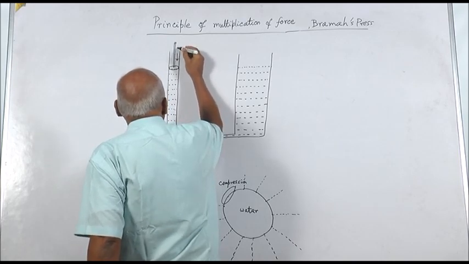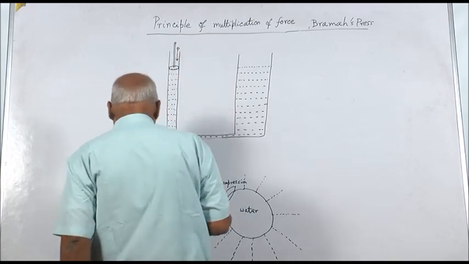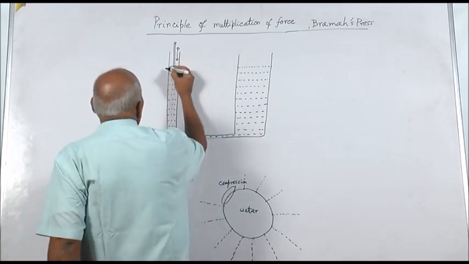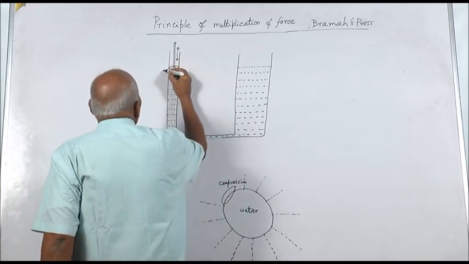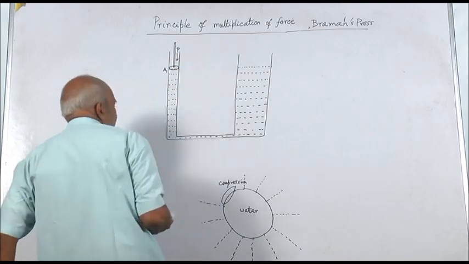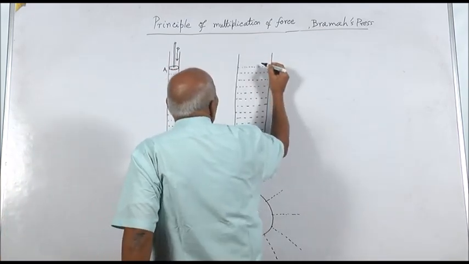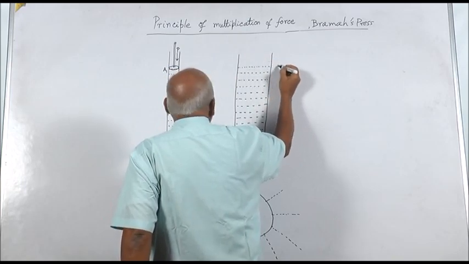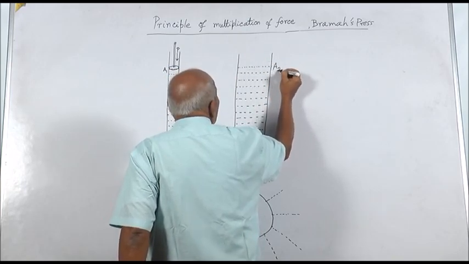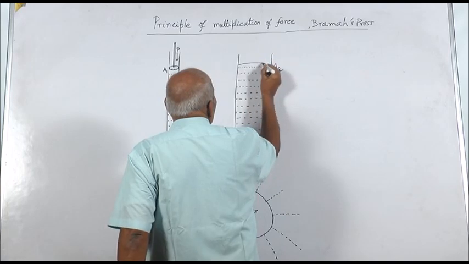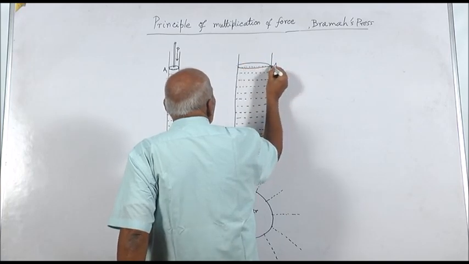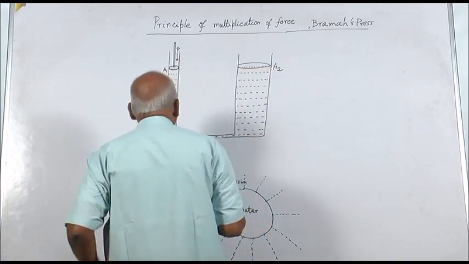So, P is applied, and suppose the area of cross section here is A1. Here the area of cross section is A2.